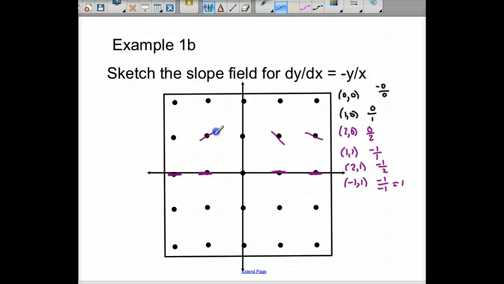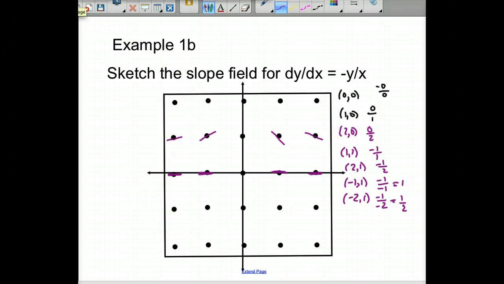Slope of 1. Point (negative 2, 1): negative 1 over negative 2, which is 1/2. So that's going to be less slanted. And you would do that for these up here and these 4 down here. So if they give you a grid, you have to fill it all in if they don't tell you which particular points to use.